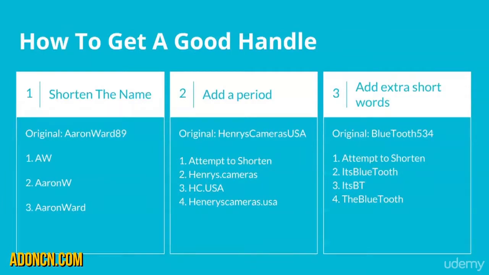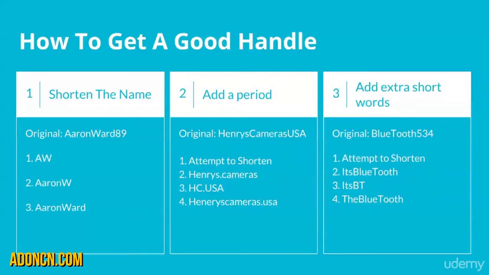What we're going to get onto next is adding an extra short word. Great words to use, for example, are the, we, it's, etc. Just very short, generally 3-letter words, which add on to the name itself and make it a lot easier to remember. The original name in this case would be Bluetooth 534. We'd attempt to shorten that. Nothing works. We've also maybe tried to add periods to it.